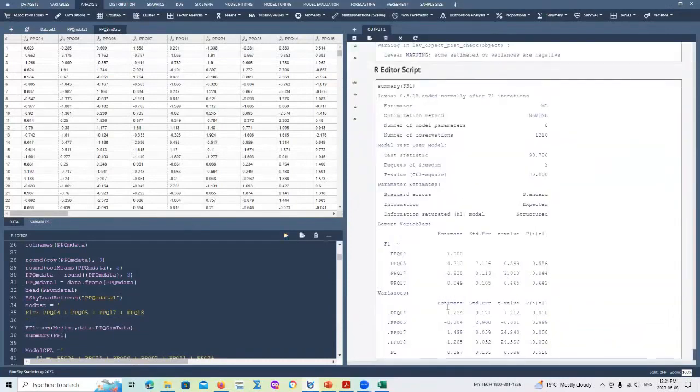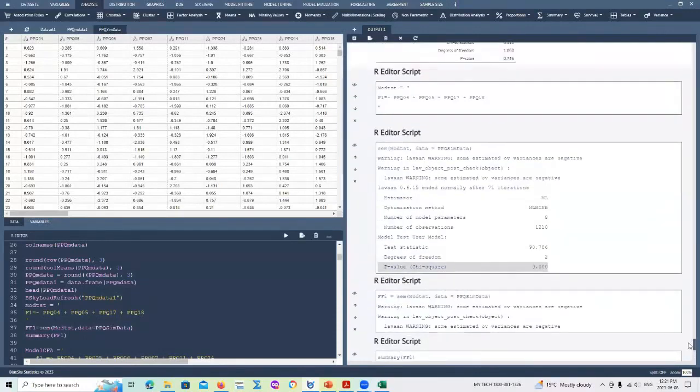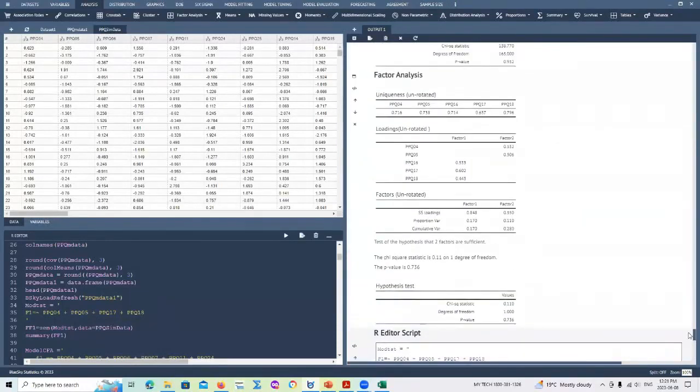Okay, so we get more output, and what do we find? This variable is not significant. It's just P05. Where was P05? It was in factor 2.